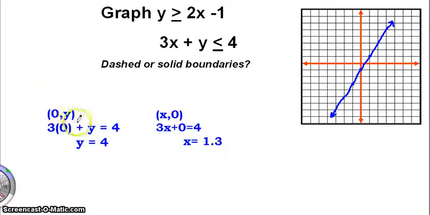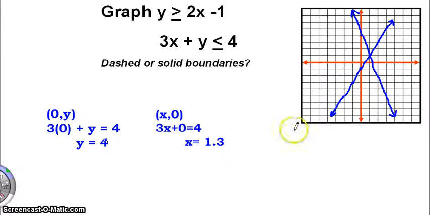And for your y-intercept, plugging in 0 for x, you get y equals 4. So that line looks like this. So here's my y-intercept at 4. Here's my x-intercept at 1.3. And so here they intersect, which is sort of nice, at 1, 1.